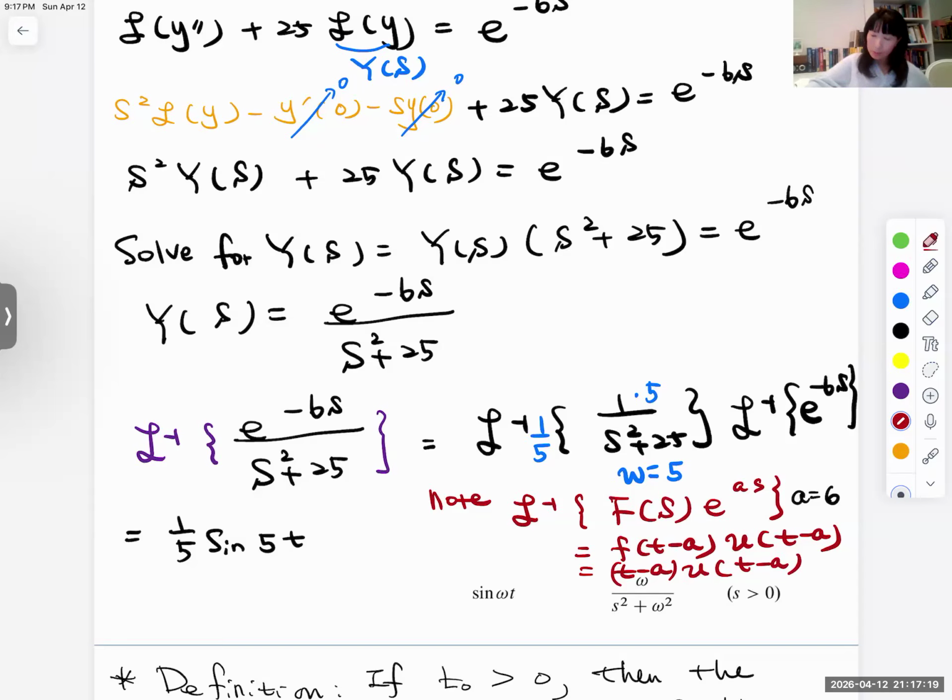So there will be t minus 6, and we write 1 over 5 and u of t minus 6 times sine 5 times t minus 6. Make sense?